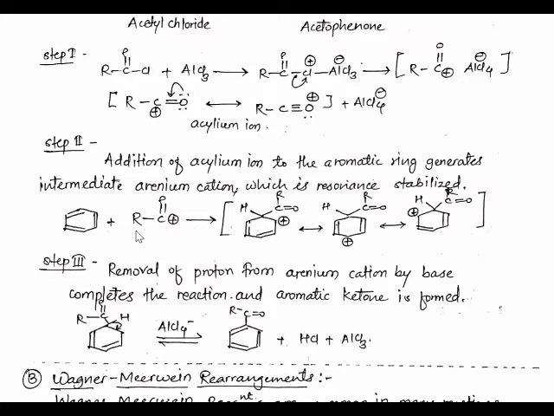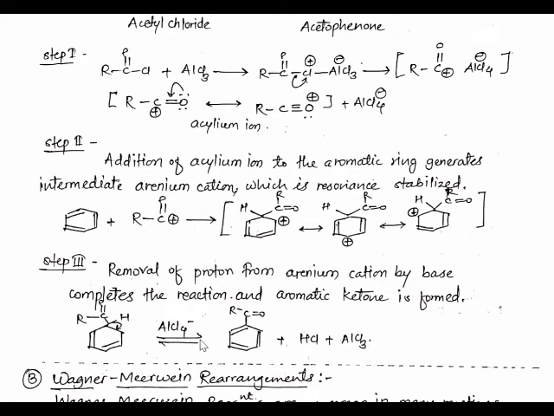Now to regenerate the aromaticity, for the stability of that phenyl ring, this hydrogen atom loses a proton by giving its electron again, and with regeneration of aromaticity we get a phenyl ring again, and the byproducts are HCl and AlCl3, right? As we have AlCl4-, we will get HCl and AlCl3.